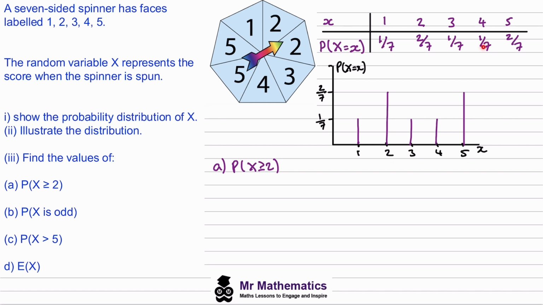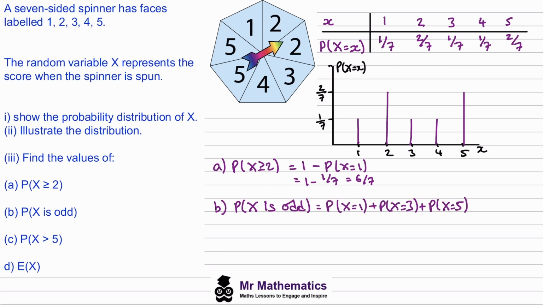So rather than adding up each of these, we know their sum is 1. So we can say this will be 1 minus the probability that x equals 1, which will be 1 minus 1/7, so 6/7. Part B, the probability that x is odd will be the probability of it being 1, 3, or 5.